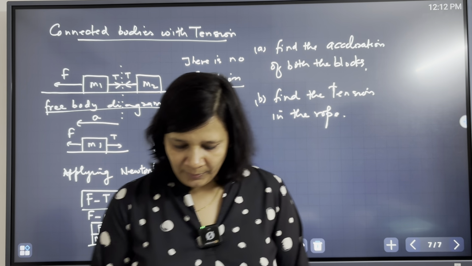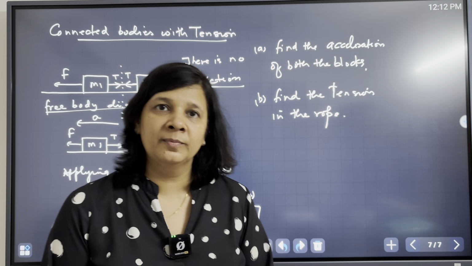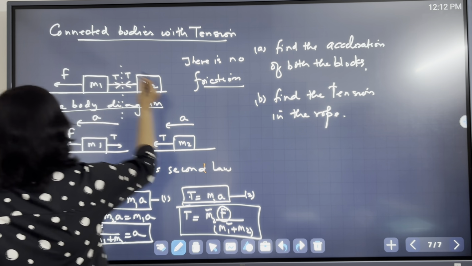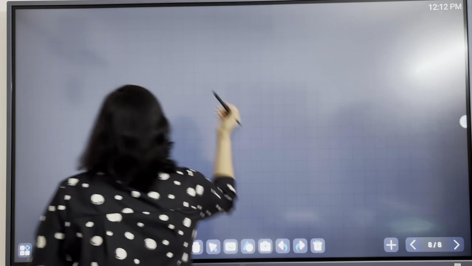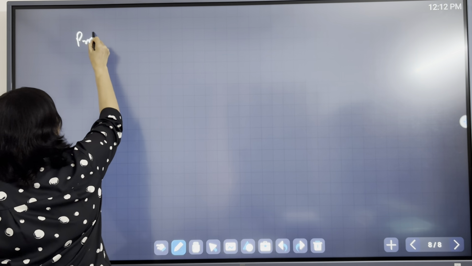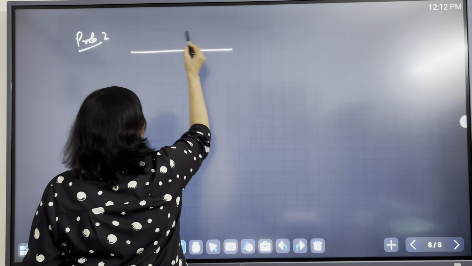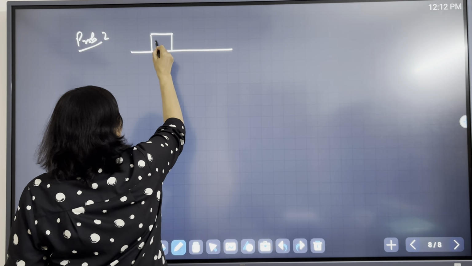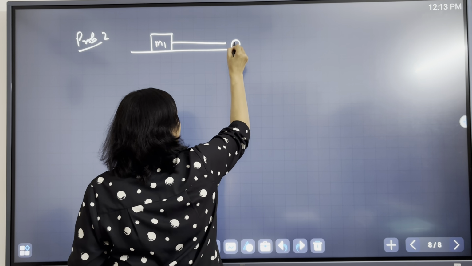Now let us do another problem on tension. Problem 2. Let us take a table. There is a block of mass M1 kept here, and then there is a pulley here.